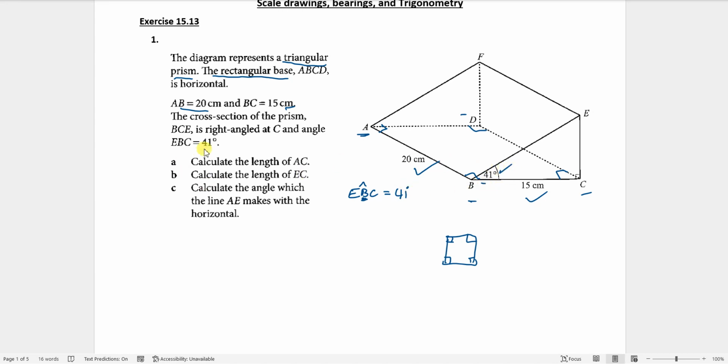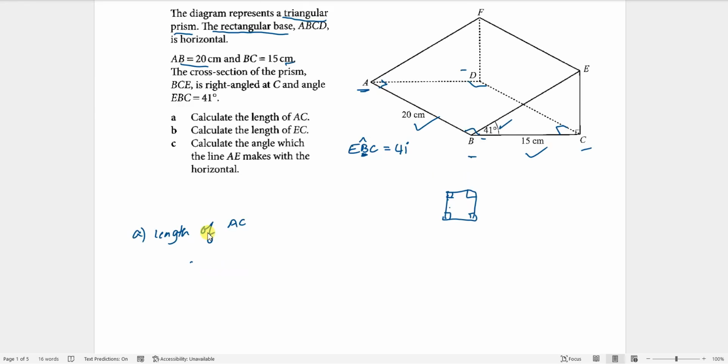So let's get started with the solution since we have noted down all our information. First it says calculate the length of AC. Okay, so how do we do that? AC is this line.